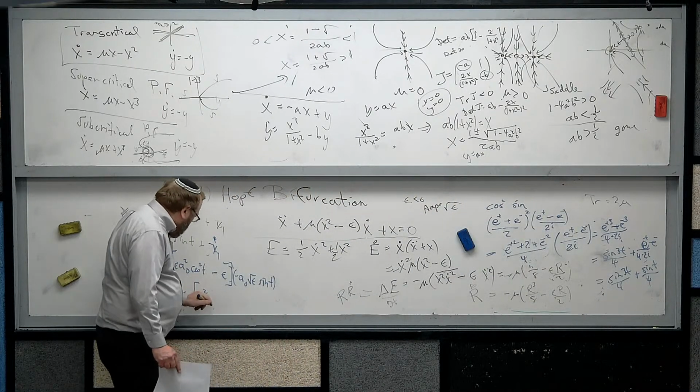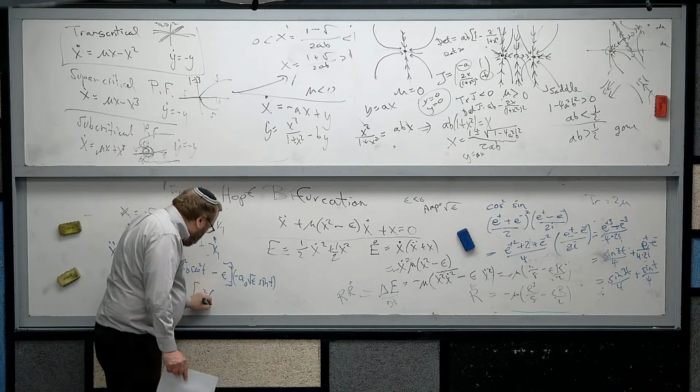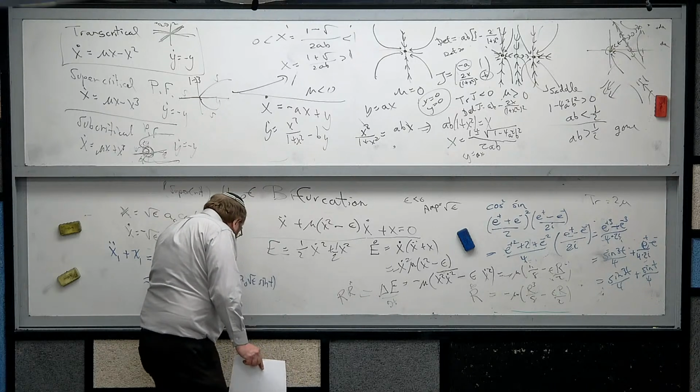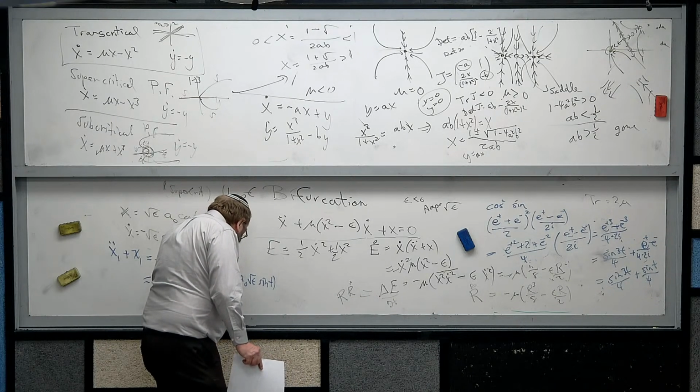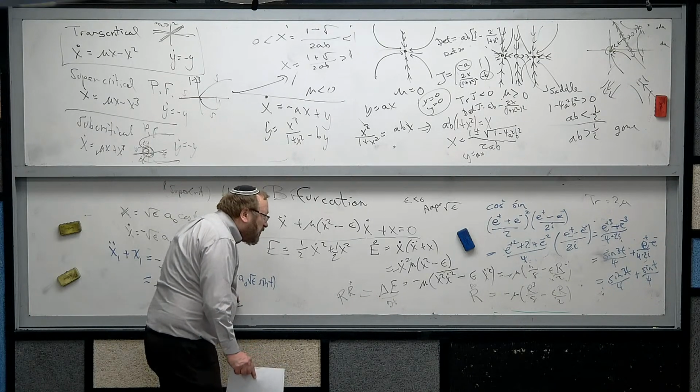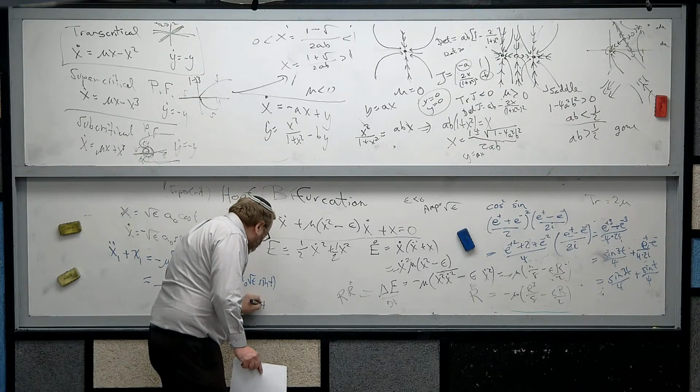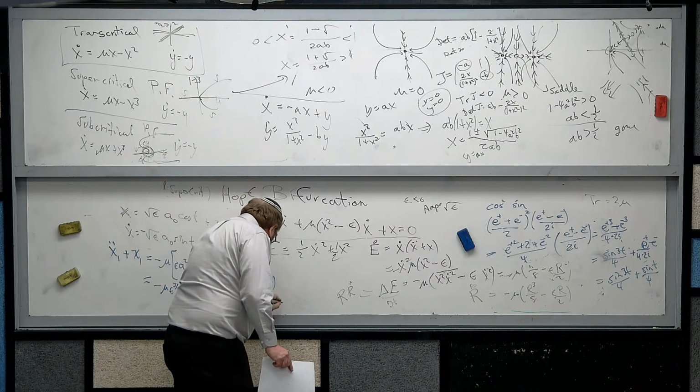We have a naught squared times 1/4 sine t plus 3/4 sine 3t minus epsilon sine t.